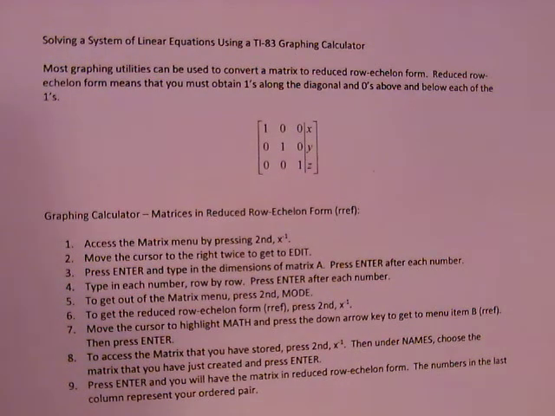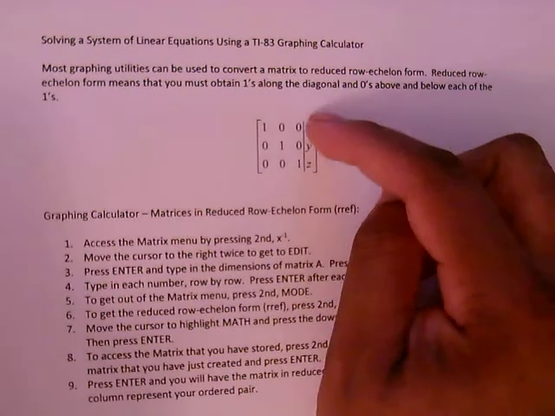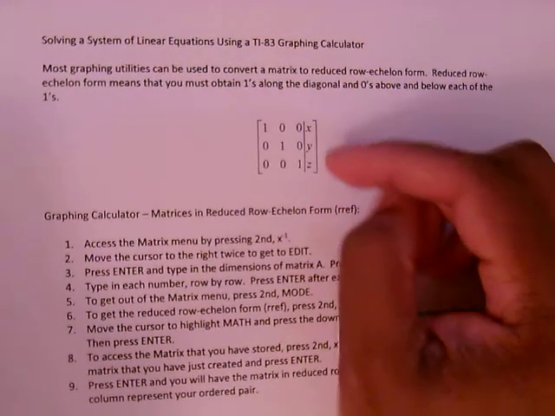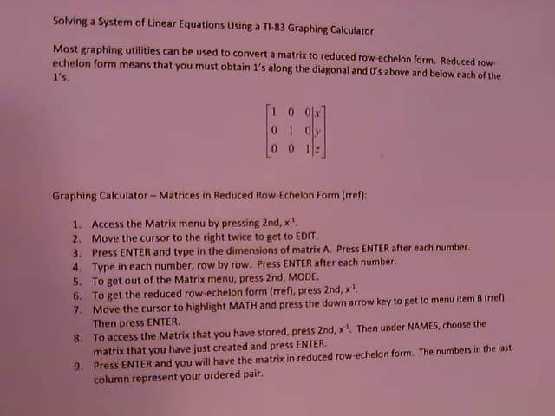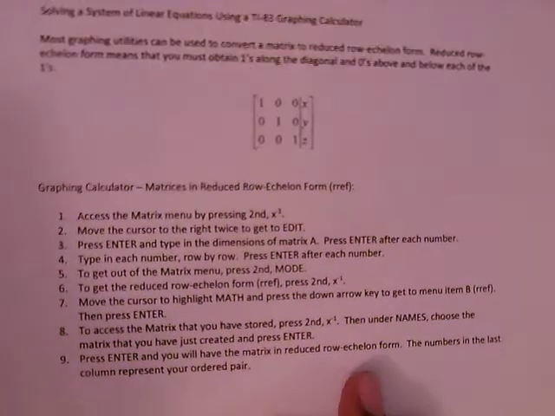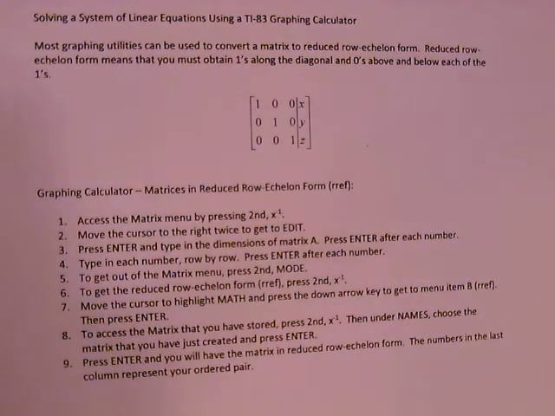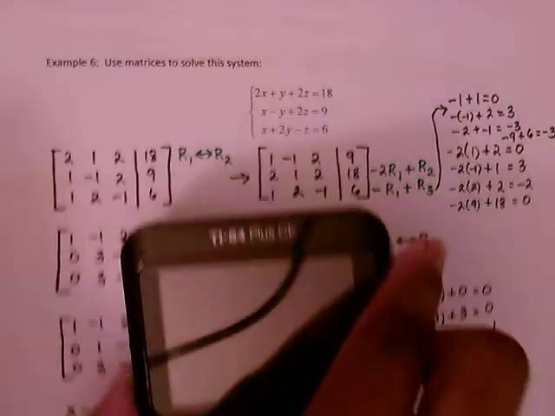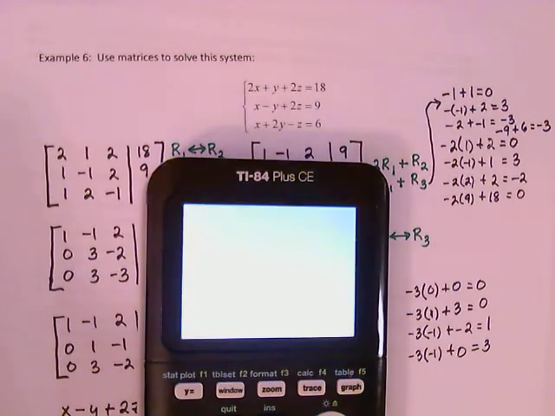Reduced row echelon form means you must obtain ones along the main diagonal and zeros above and below each of the ones. And when you do that, you will get the values of x, y, and z. On that last page, you'll see that procedure here. But since it is a spoiler alert, I'll go ahead and show you how to do this on the calculator.